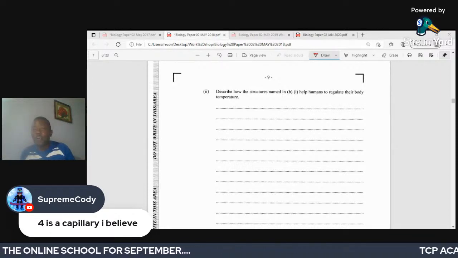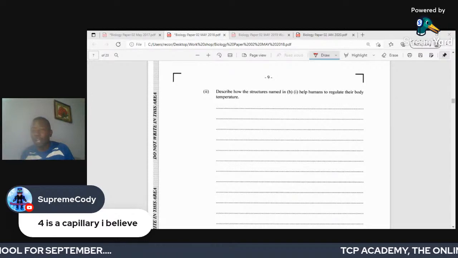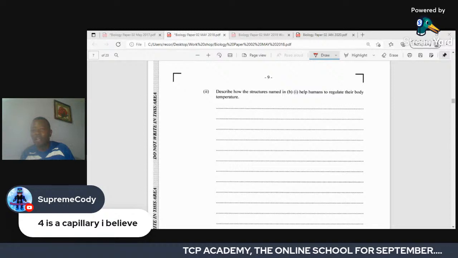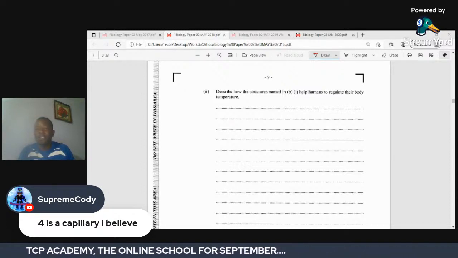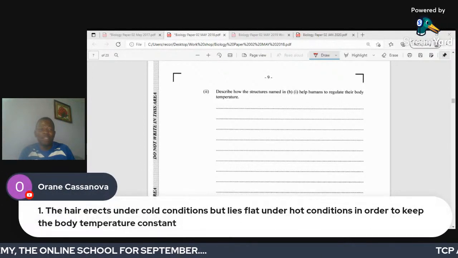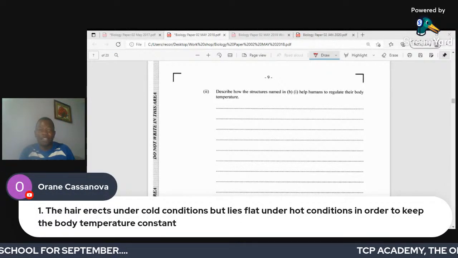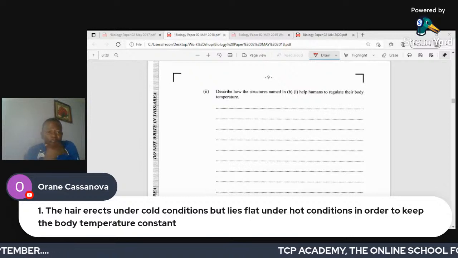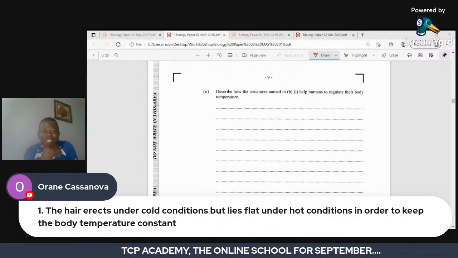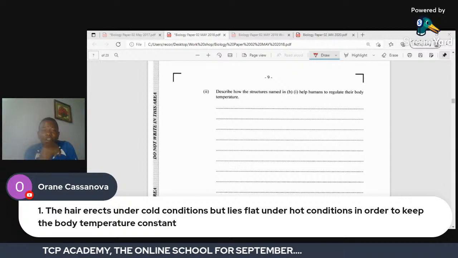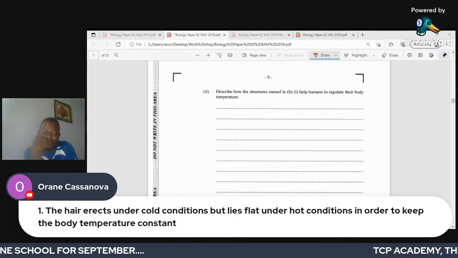So the ear erect under cold condition, but lies flat under hot condition. All right, let me read this. I don't know if there's a limitation as to what you can write, but the ear erect under cold condition, but lies flat under hot condition in order to keep the body temperature constant.